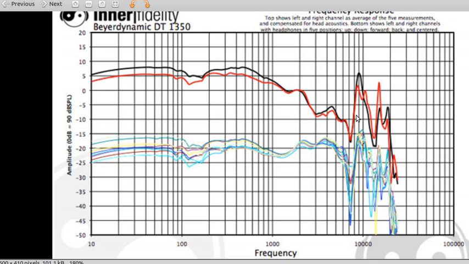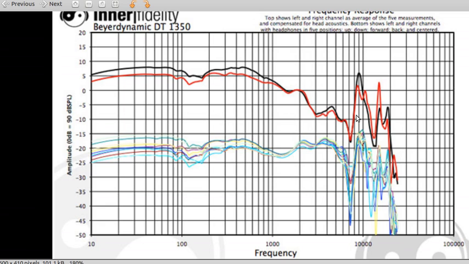Then it has spark. If we look at more higher-end headphones, they are even better than the dt1350. The dt1350 and Sennheiser HD25 are already good enough as portable headphones.